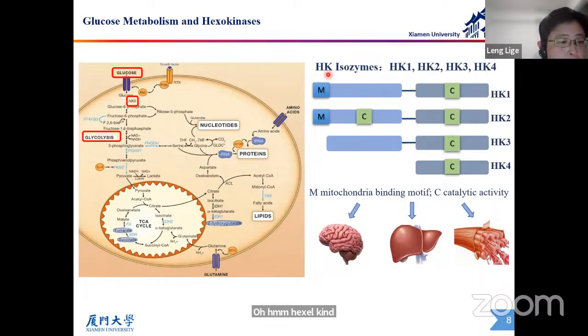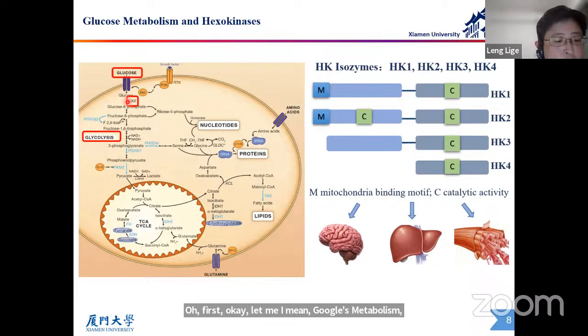Hexokinases are the first rate-limiting enzymes in glucose metabolism, converting glucose to glucose 6-phosphate and catalyzing the first commitment step of glucose metabolism.